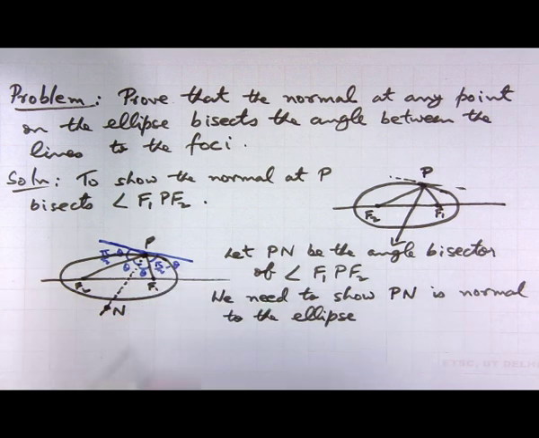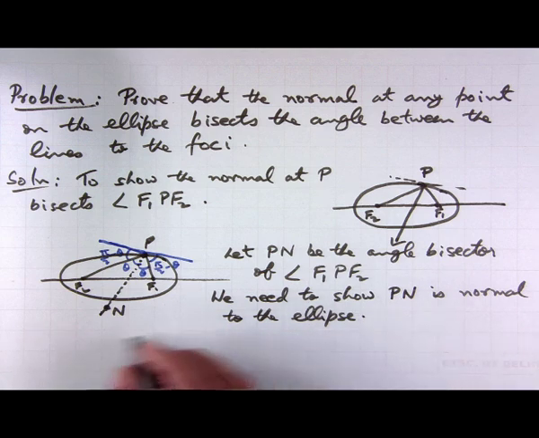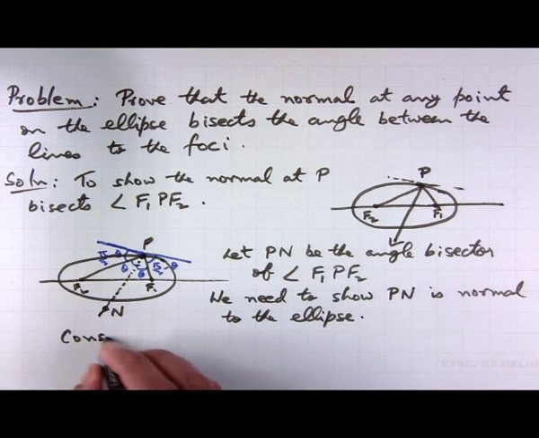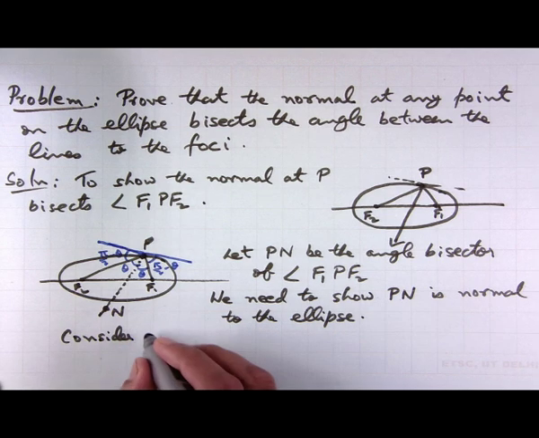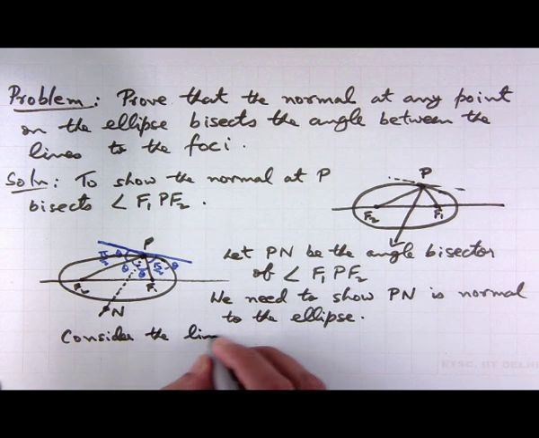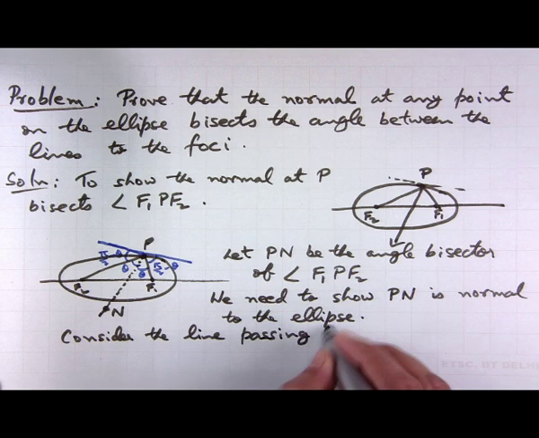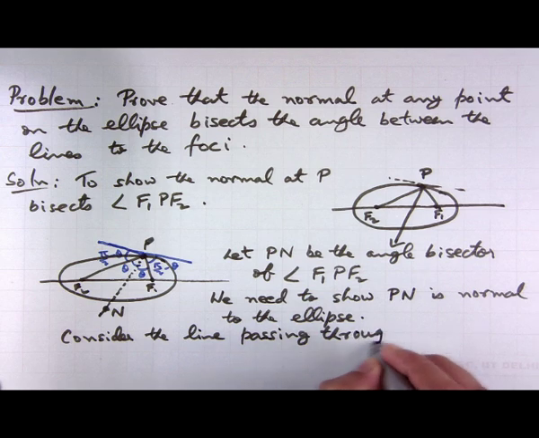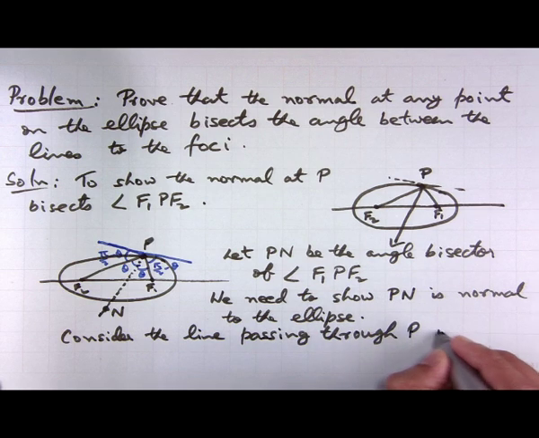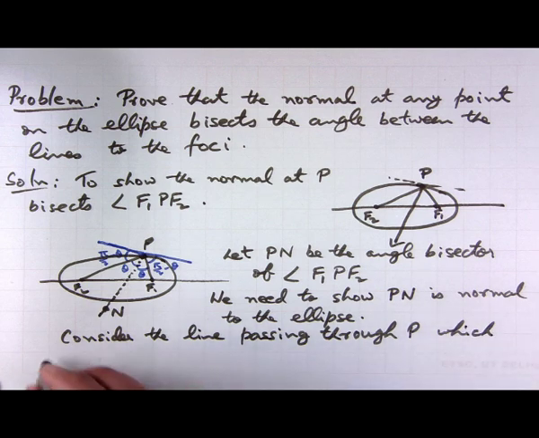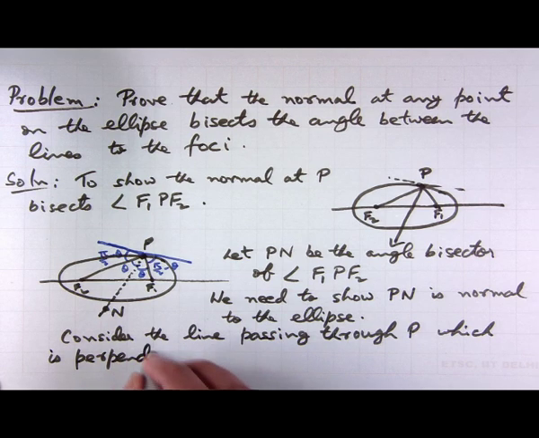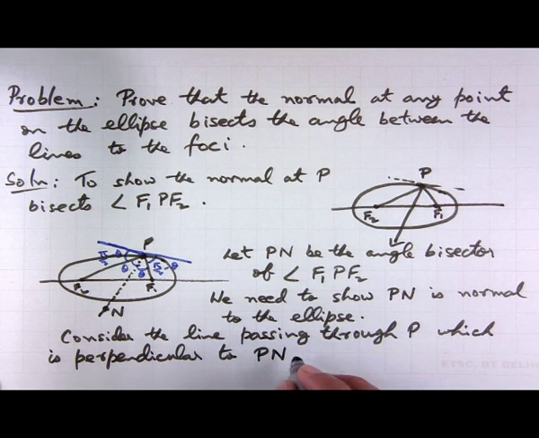So, consider the line passing through P, which is perpendicular to P n.